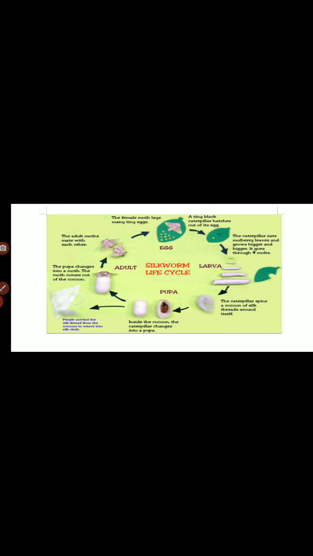First, the female moth lays eggs on mulberry leaves. These are converted to larva, which is called a caterpillar. This caterpillar secretes a protein-like material around its body. Now it is called a cocoon. Inside the cocoon, the caterpillar changes to pupa. After many days, the moth comes out of the cocoon.